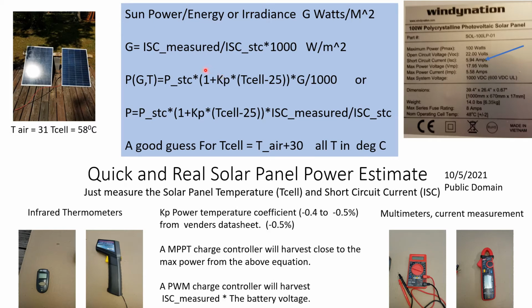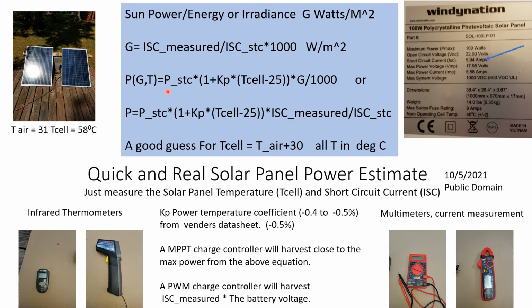Well, this equation right here is what you'll use to calculate the power for where you're at, the sun level you have, and all that other stuff. All right, I'm going to read this to you. Math is a language, and I'm going to read it to you as if it's a language. The power output is a function of the solar irradiance, watts per meter squared, and the temperature.